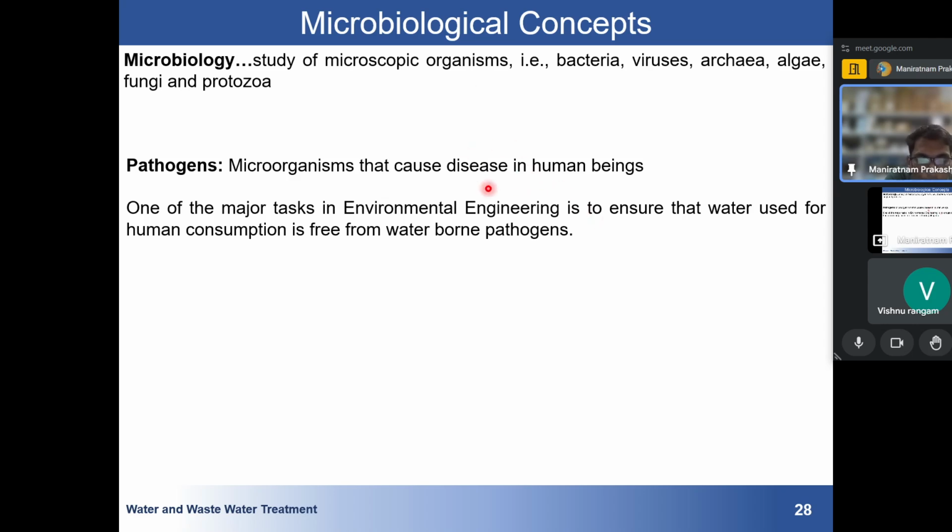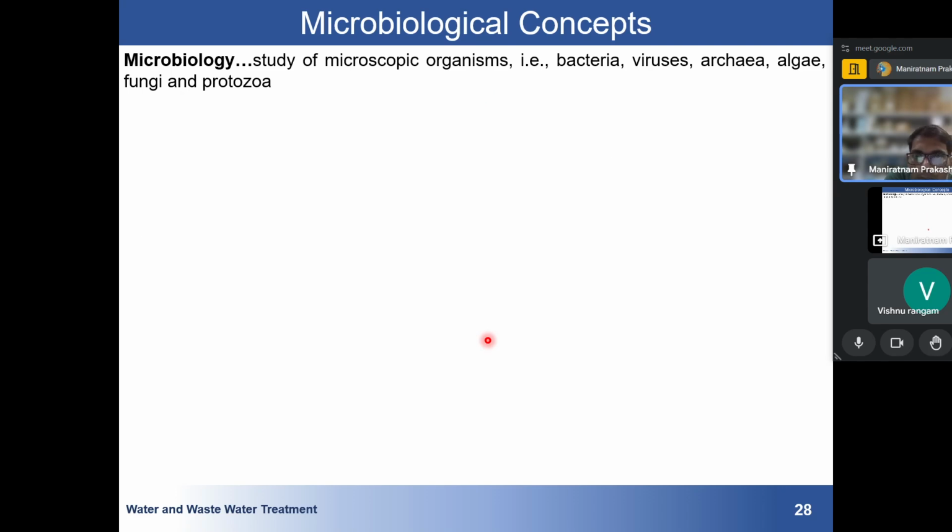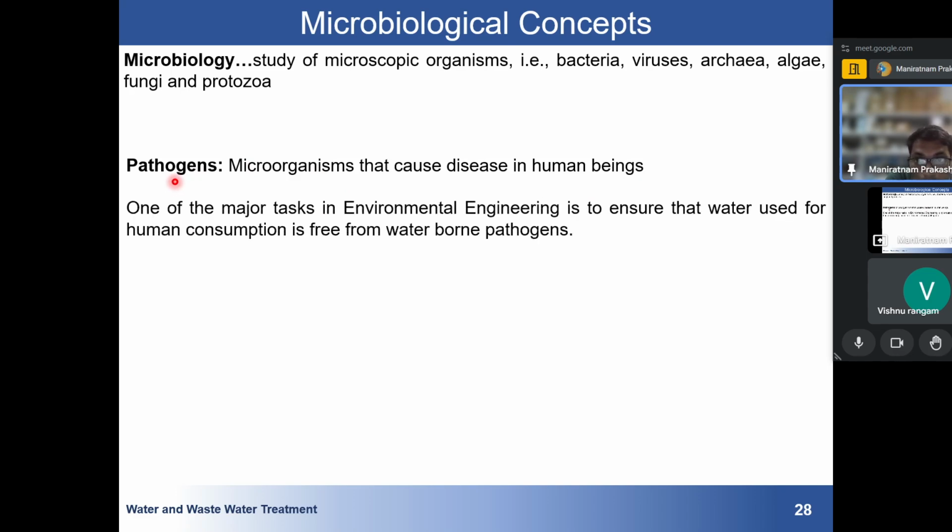So remember, microbiology is the study of microscopic organisms such as bacteria, viruses, archaea, algae, fungi, and protozoa. Out of these, there are some microorganisms that can cause disease in human beings. That is termed as pathogens.